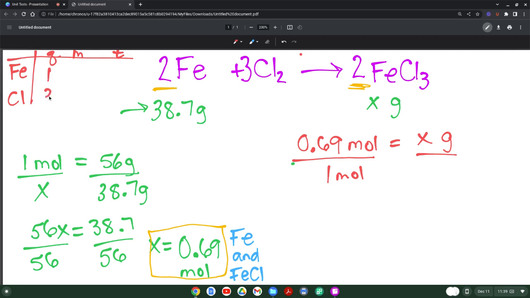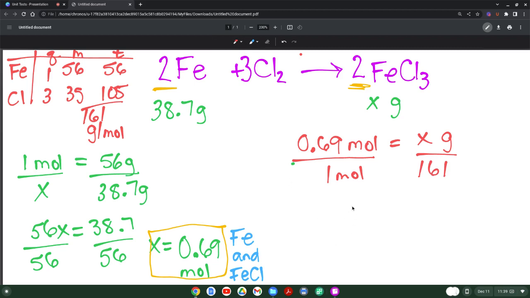I have 1 and 3, 56 and 35. That gives me 56 and 105, which is going to give me 161 grams per mole. So that is the number of grams in 1 mole of iron 3 chloride.